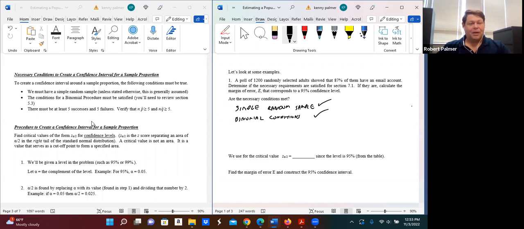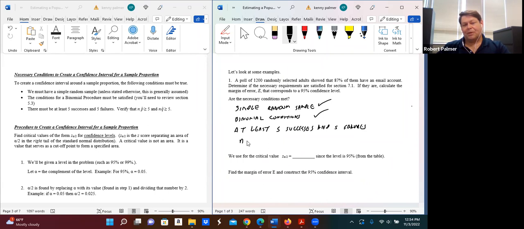Those are correct. Now, there must be at least 5 successes and 5 failures. And clearly that's going to be true, because we multiply the sample size N times P. We can do that really quickly.